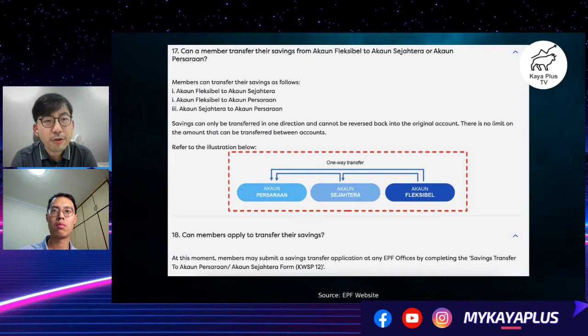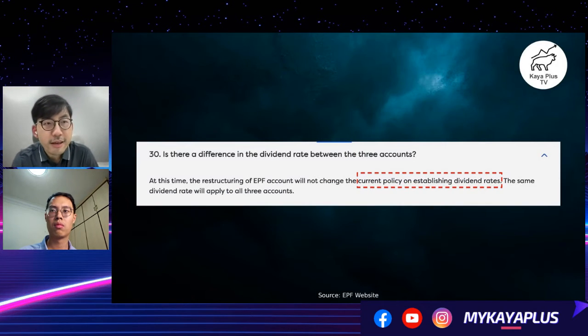And then, of course, the reason why people might ask this is because they will be worried that if I don't move the money in account 3, which is the new one, the interest rate or the dividend might be impacted. As of today, you don't need to worry about it. What is being published by the KWSP portal is saying all 3 accounts will enjoy the same dividend rate as of now.